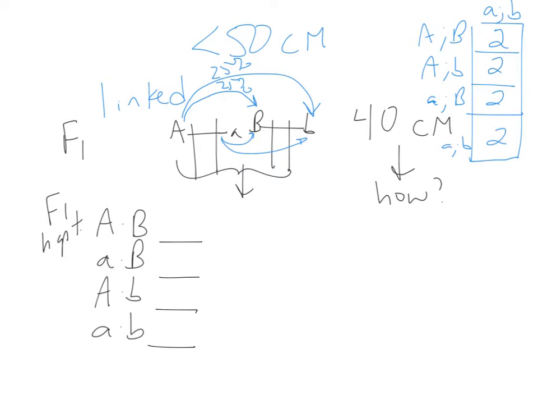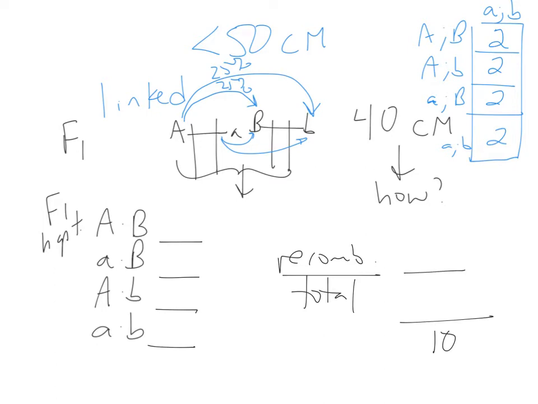No, how do you get 40 centimorgans? It's recombinants over total. So if you want to calculate 40 centimorgans, let's say you observe 10 offspring.